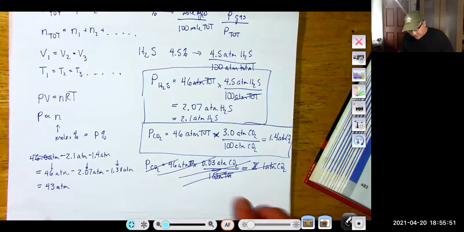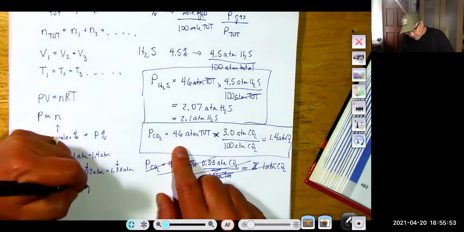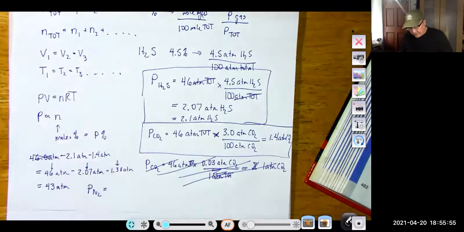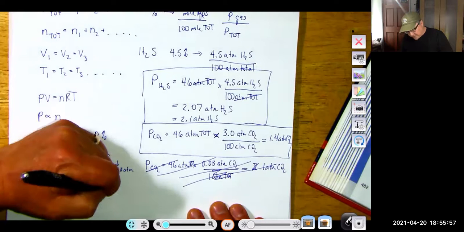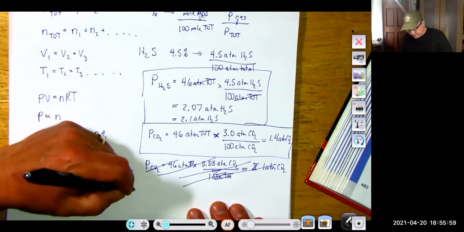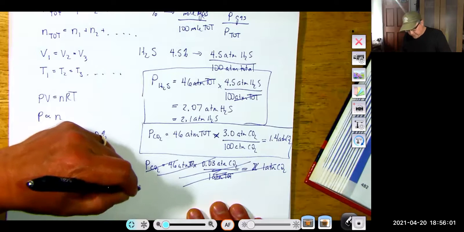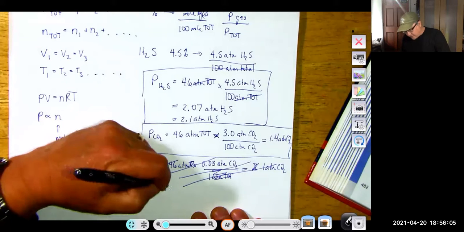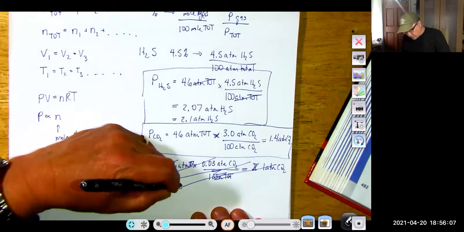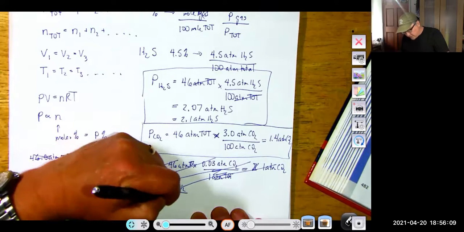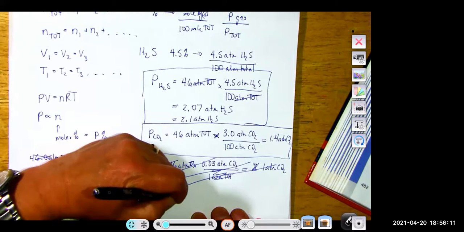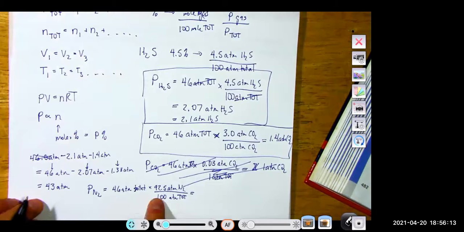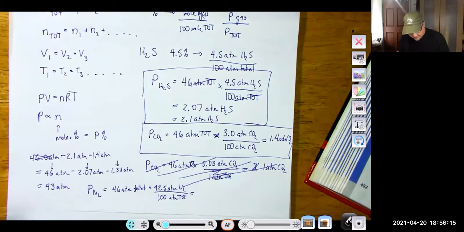Now, if we do it this way, the partial pressure of N2 is equal to 46 atmospheres total times 92.5 atmospheres of N2 over 100 atmospheres total. We're going to get the same answer, only 2 sig figs. Let's see what we get.